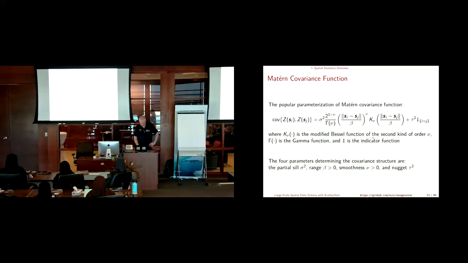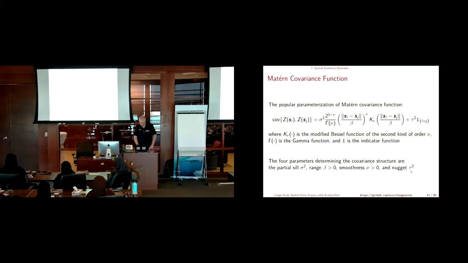It has 4 parameters. Sigma square, which is called the partial sill. This beta is called the range parameter, and it controls how quickly the covariance or the correlation goes to 0 as a function of distance. We would expect that when the distance is very big, this correlation goes to 0. This is the law of geography. The smoothness parameter nu, here in this order and this power here, controls how smooth or rough the realizations are.